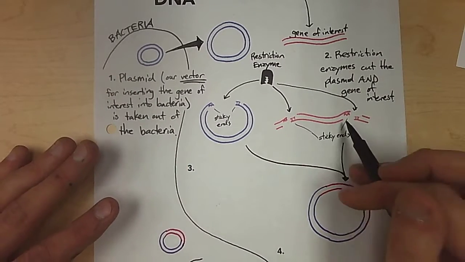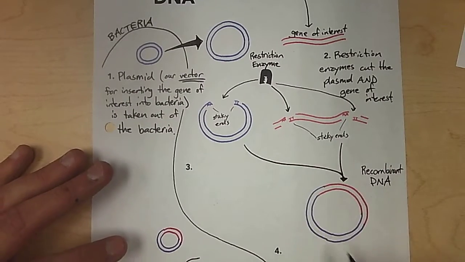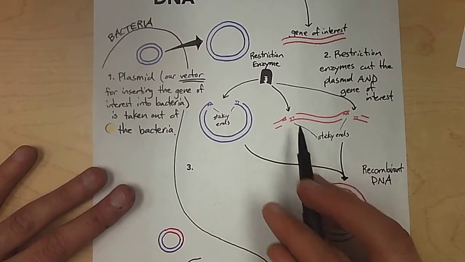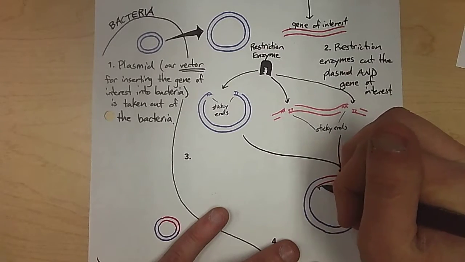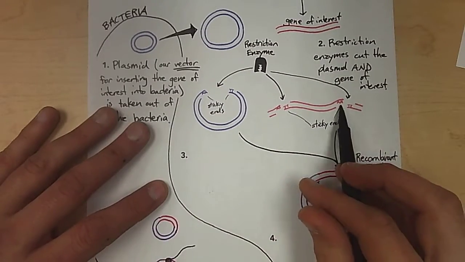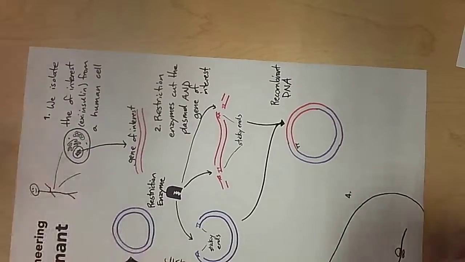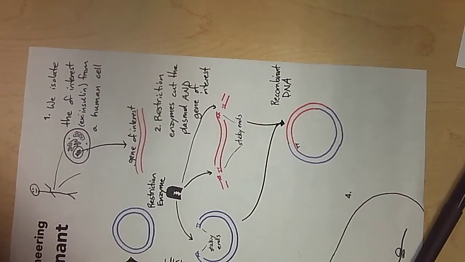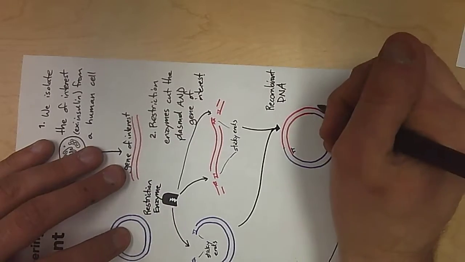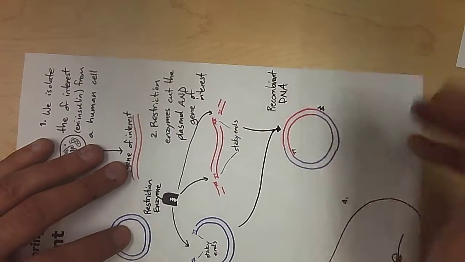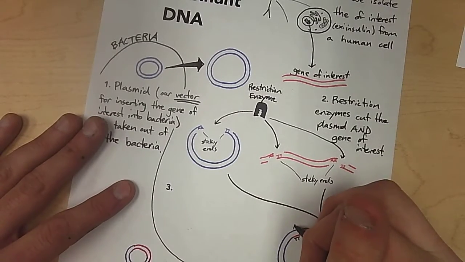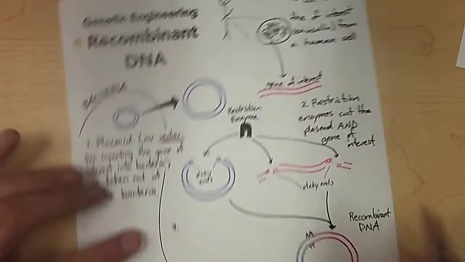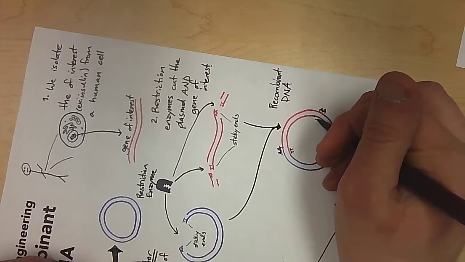So how did this gene of interest attach to the plasmid? Well, if you notice here, we have a TT. It's going to be kind of tough to draw this right here, so I might draw it on the outside. TT, and then we have this AA sticky end over here. And on the bacterial plasmid, we have this AA at the top, and at the bottom right here we have a TT.